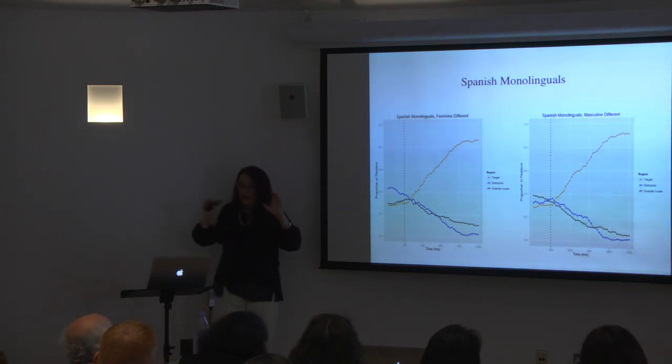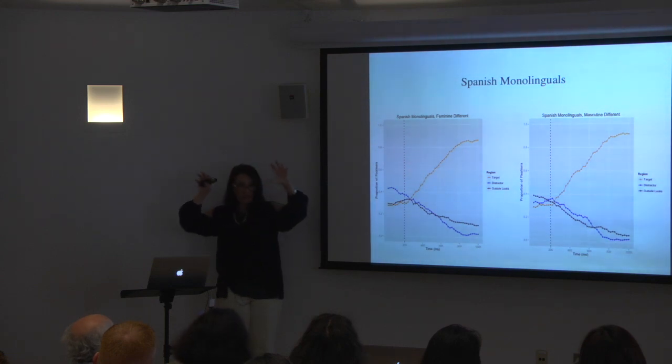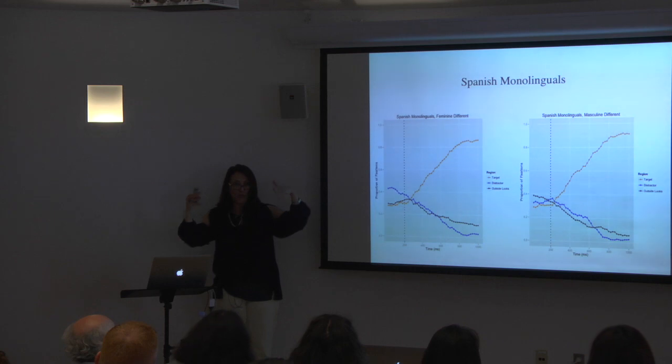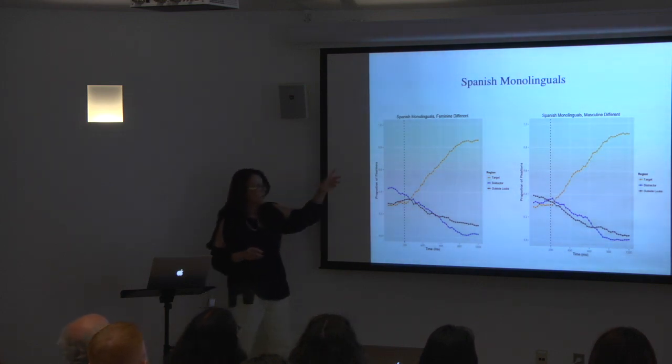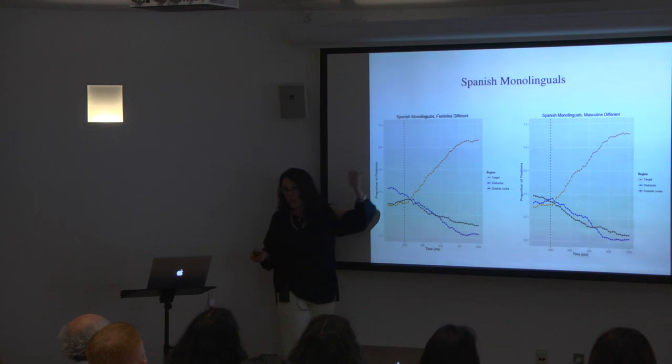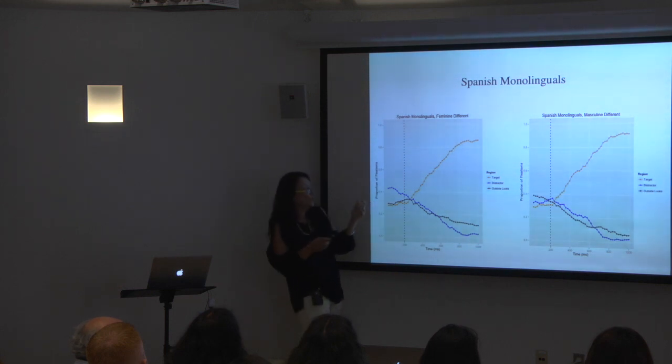And again, what we care about is when you have the feminine and masculine in front of you, because that's the only case in which you'll be able to anticipate what noun the speaker wants you to look at based on the gender of the article. So what I'm showing here is the Spanish monolinguals, because it was important for us to make sure we had a baseline in which the monolingual Spanish speakers were behaving the way we thought they should.